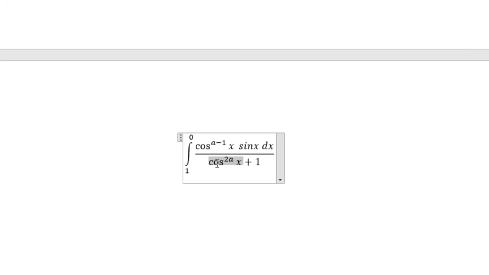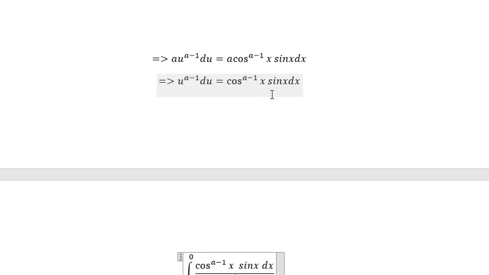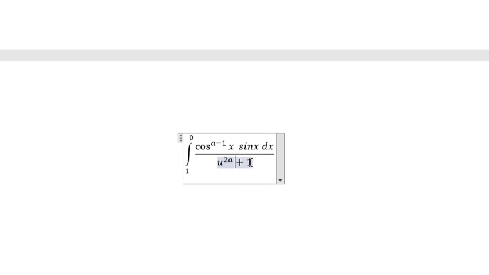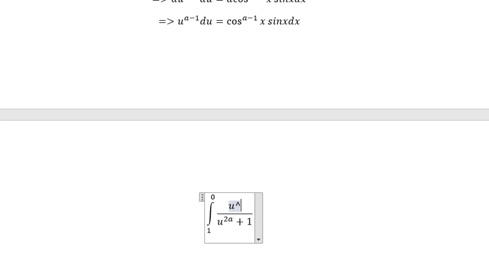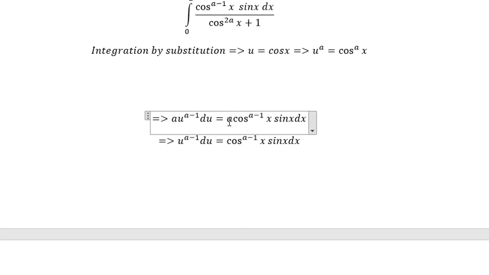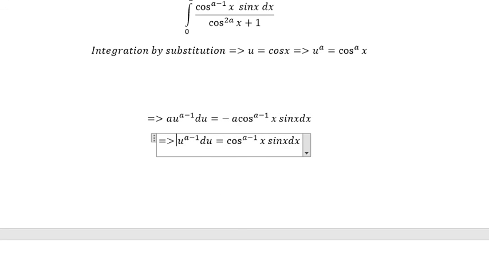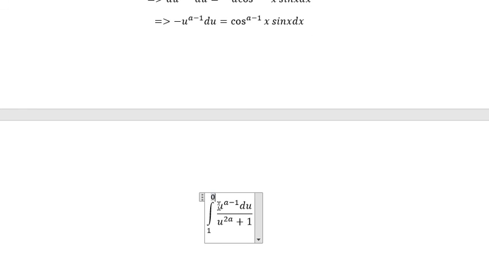So in this one we get u to the power of 2a. This one we change to u to the power of a minus 1 du. Oh, don't forget about the negative here. So we put the negative here. So we swap the number 1 and the number 0 together.